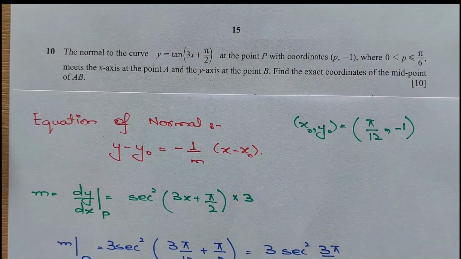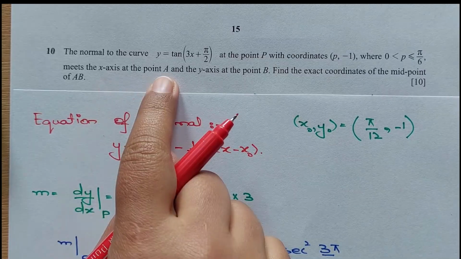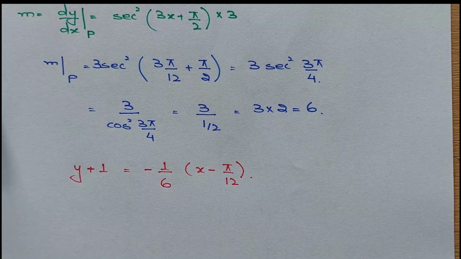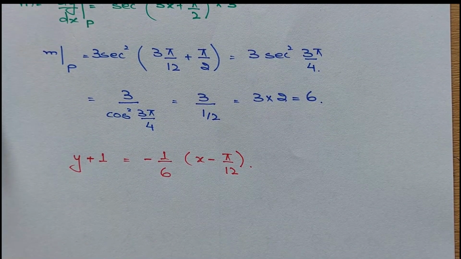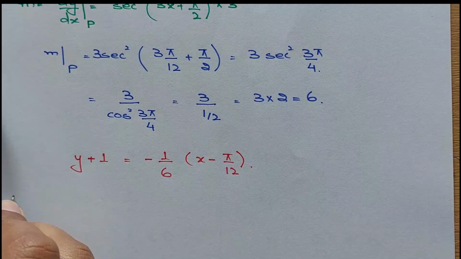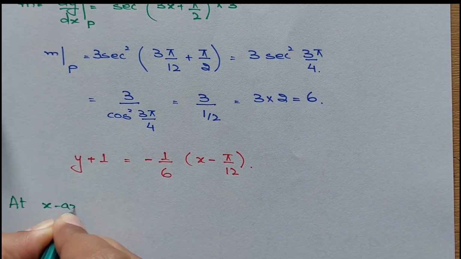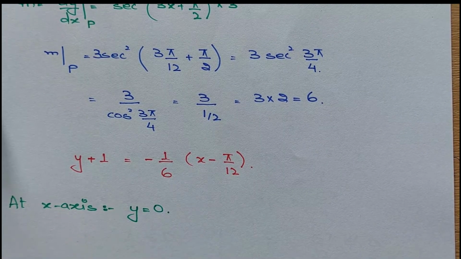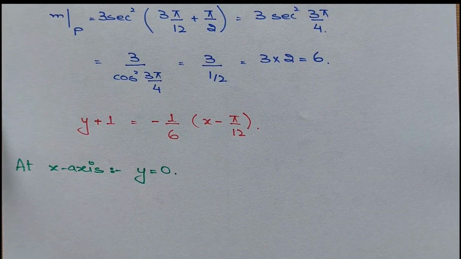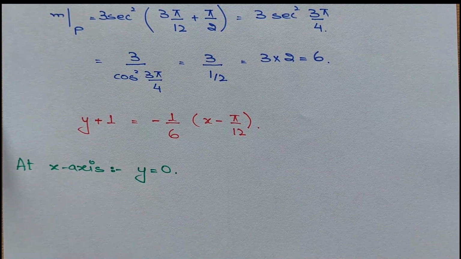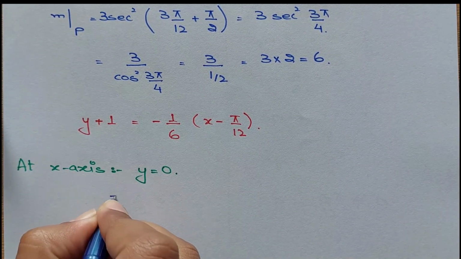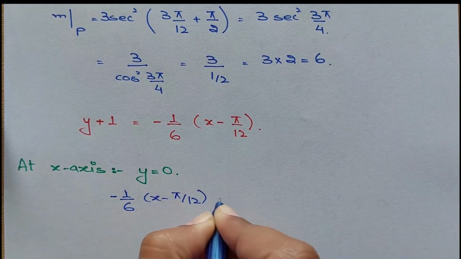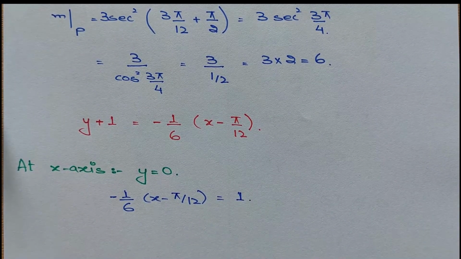And it says that it meets the x-axis at point A and y-axis at point B. Okay, so when the curve meets the x-axis, the y coordinate is equal to 0, right? At x-axis, y is equal to 0. So just substitute y equals 0 and solve for x. So minus 1 by 6 times x minus pi by 12 equals 1, right?